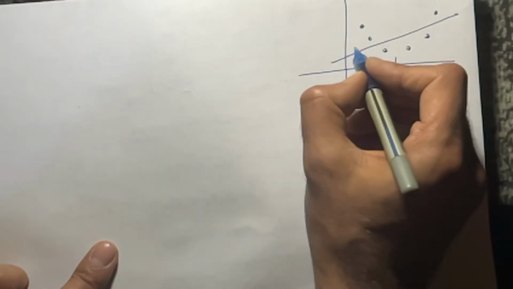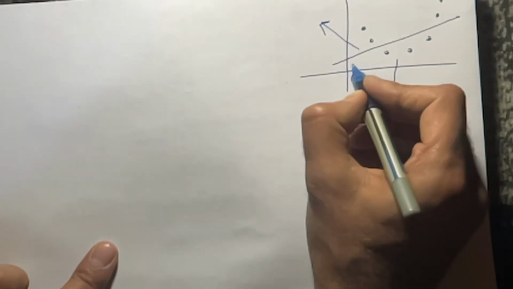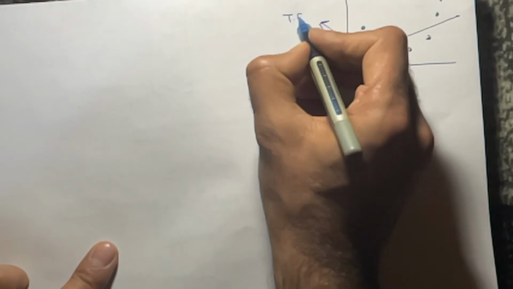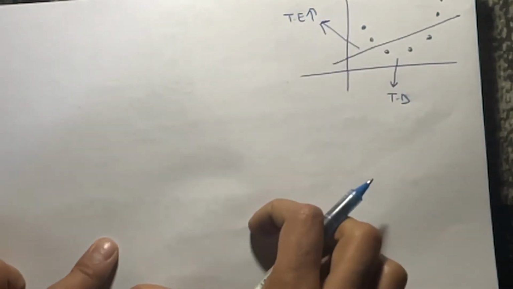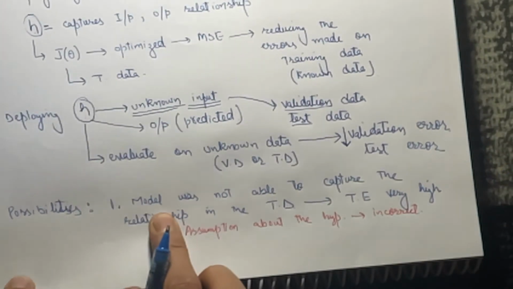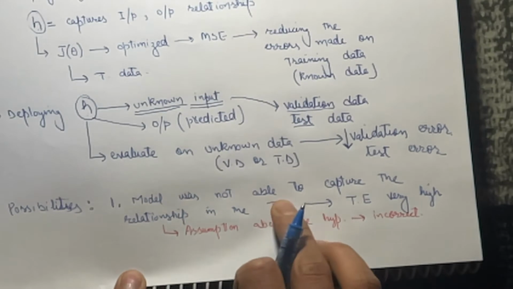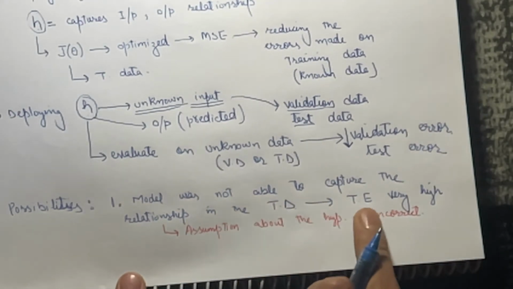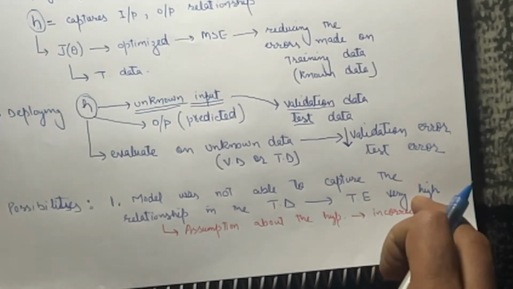So in this case, for our hypothesis model that we have created, the training error will be very high. That is what I am saying here. For making an error, there are two possibilities. The model was not able to capture the relationship in the training data, or we can say the training error is very high.